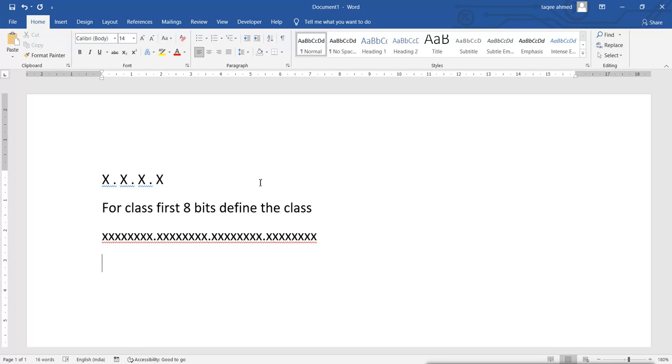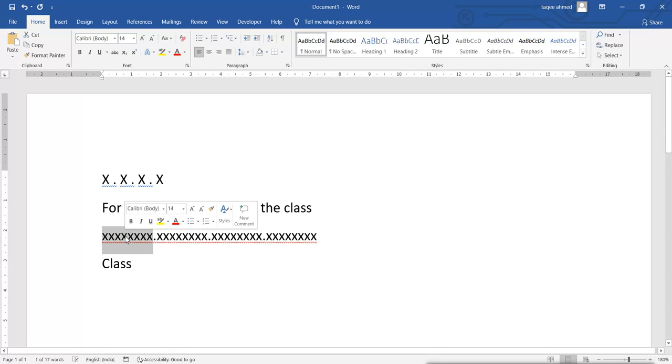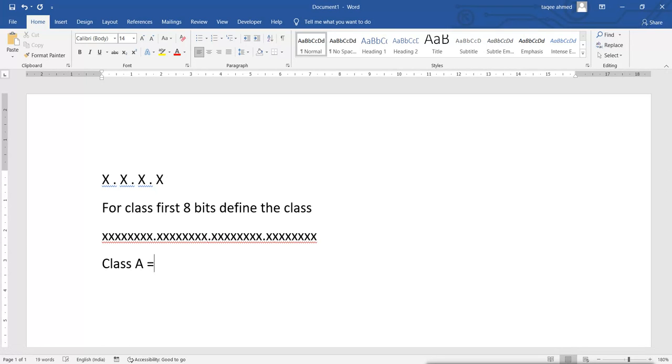Now when we talk about class A, you only look at the first 8 bits, and in those 8 bits class A will start from 0 to 127.